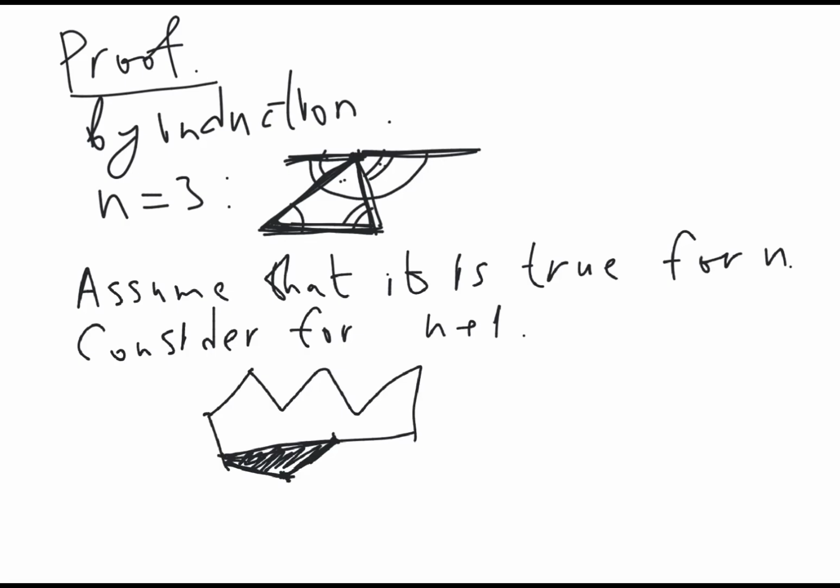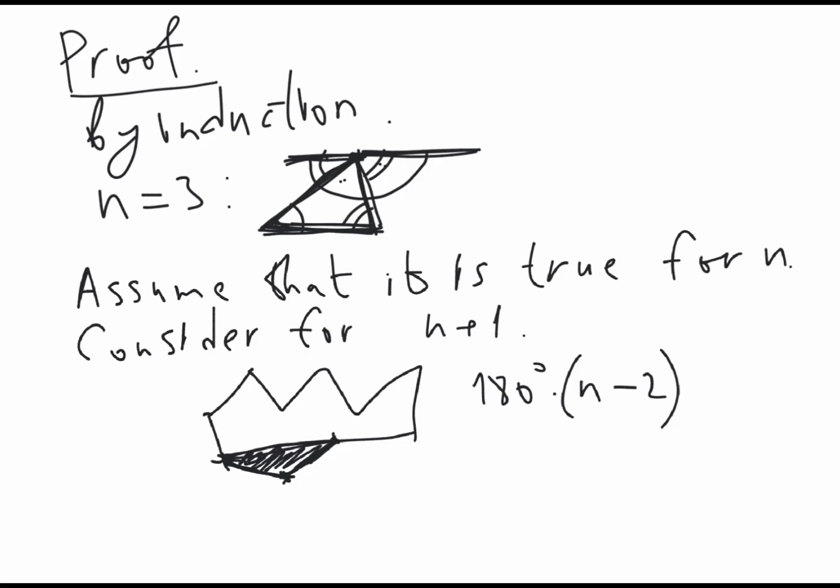So we removed one vertex. This remaining polygon would have n vertices, and for it the sum of angles is equal to 180 degrees multiplied by n minus 2.